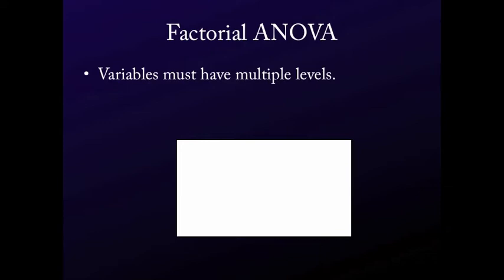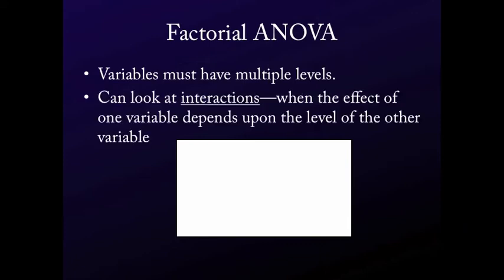If you give females birth control pills, they're going to have a very different outcome than if you don't give them to them. However, if you give birth control pills to males, they're not going to have any effect at all, right? So that would be an interaction. The effect of one variable, birth control pills versus non-birth control pills, depends crucially on the level of the other variable, whether you're giving it to males or you're giving it to females.